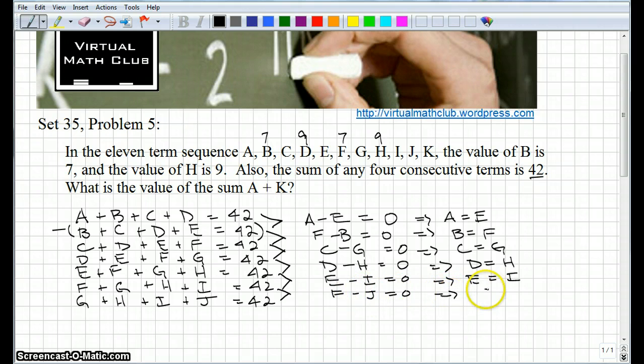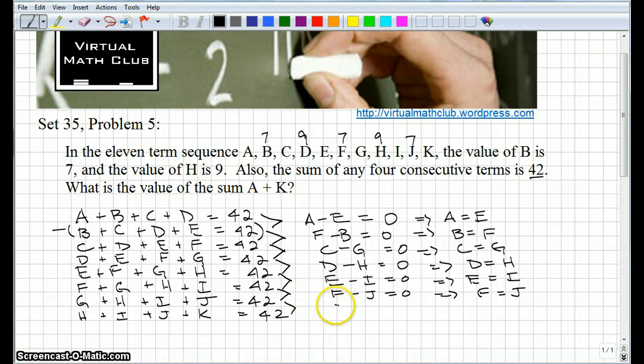So F is equal to J. We know F, so let's make this 7 as well. And let's keep going. H plus I plus J plus K is equal to 42, right?